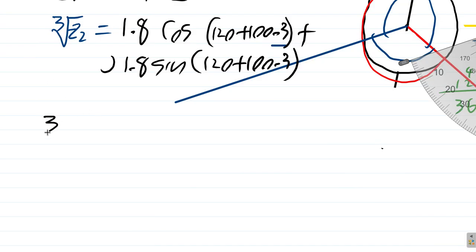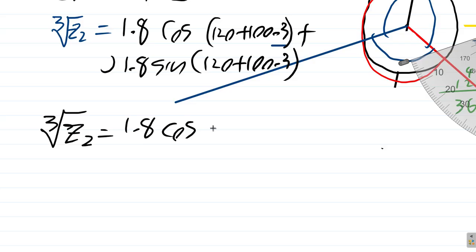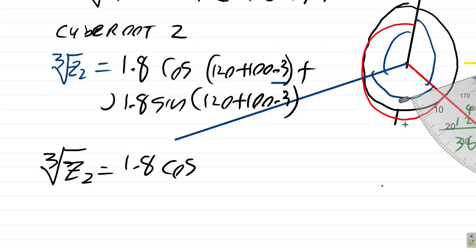Then the cube root of z2 would be 1.8 cos of 120 plus 100, that would be 220.3, plus j 1.8 sine 220.3.